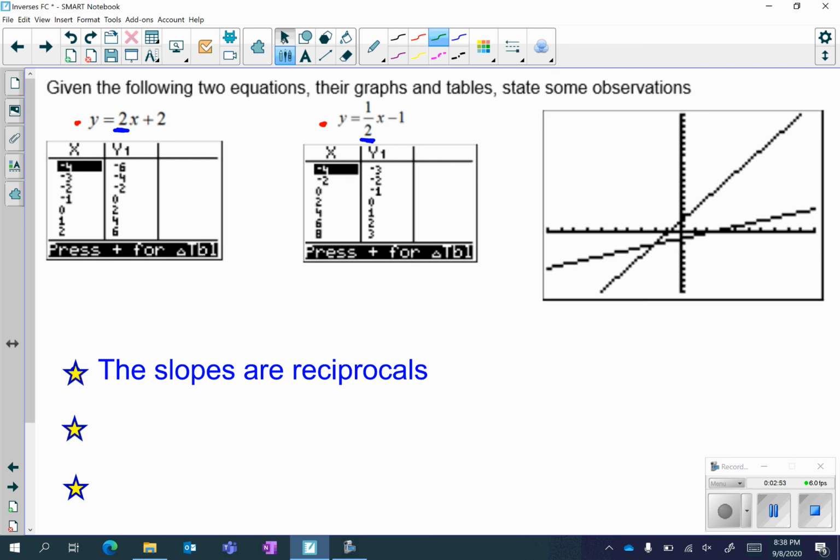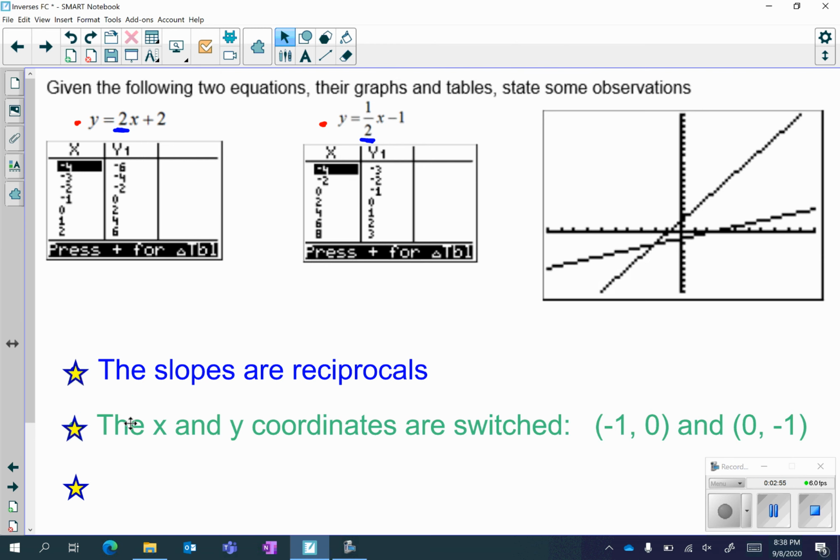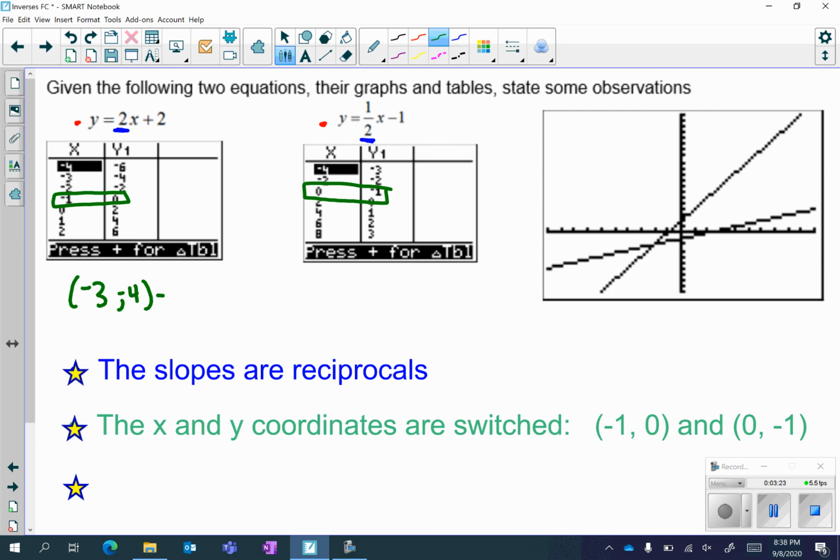The next observation is that the x and y coordinates are switched. So if you look at the tables, in the first table we have negative 1, 0. And in the next table, the inverse has the coordinate 0, negative 1. If you look in the first table, you have negative 3, negative 4.